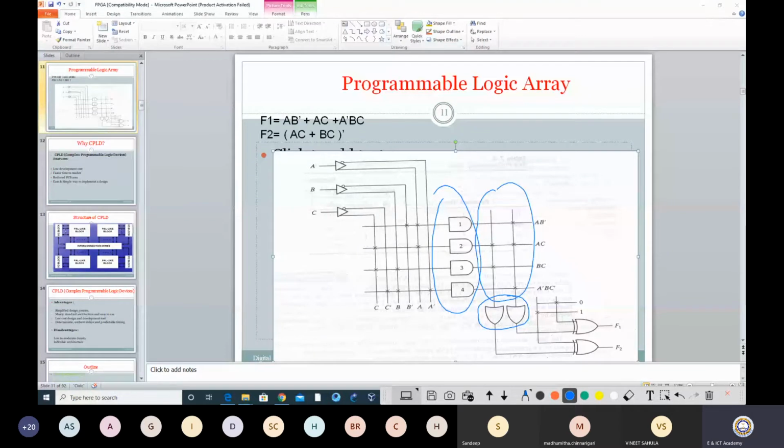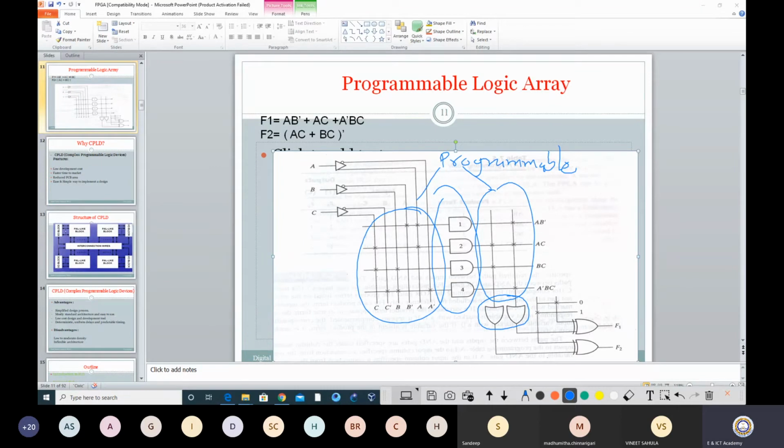Similarly, at the input of the AND gate, you will find the intersection of horizontal and vertical lines. So this is also programmable. So both are programmable. That means the input of your OR gate is also programmable, and the input of your AND gate is also programmable. That means you have an array of AND and OR, both programmable. That is your PLA.